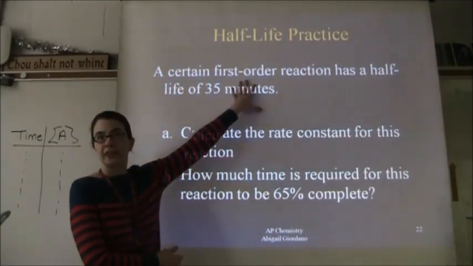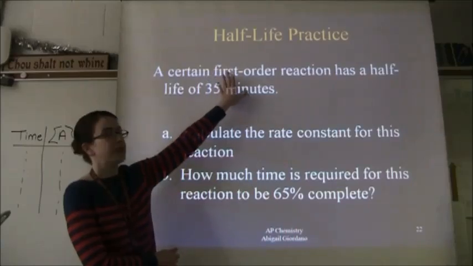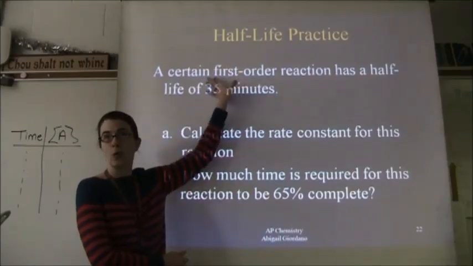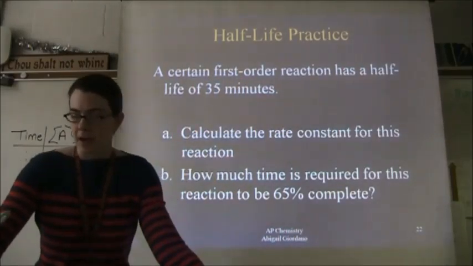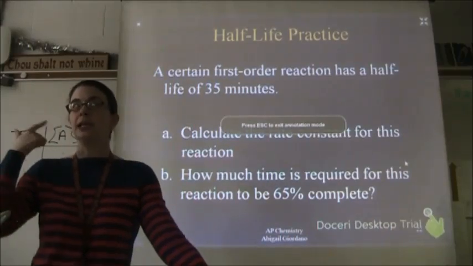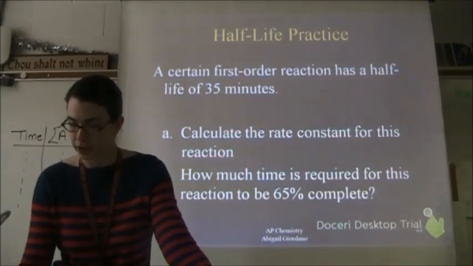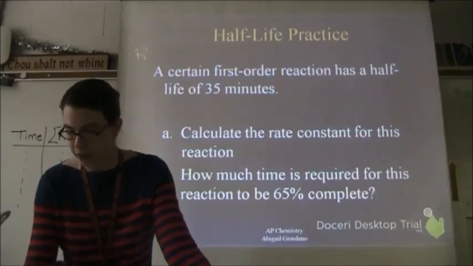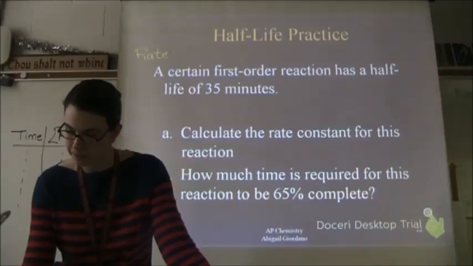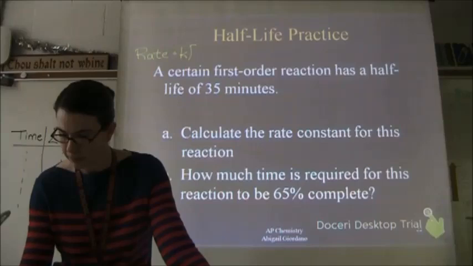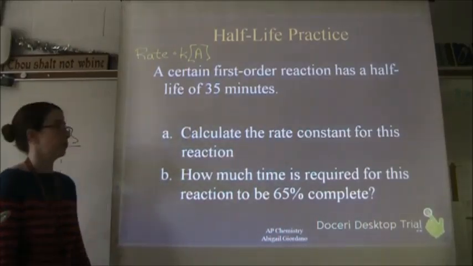Might I suggest, if they tell you what kind of order it is, in my mind, I make a list. Okay, what are my available equations that I could use? Well, if I know it's first order, maybe I'm using this. Maybe I'm using my differentiated rate law.